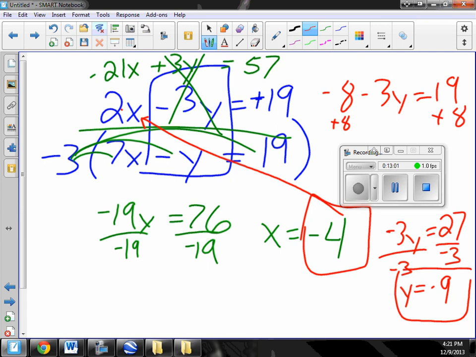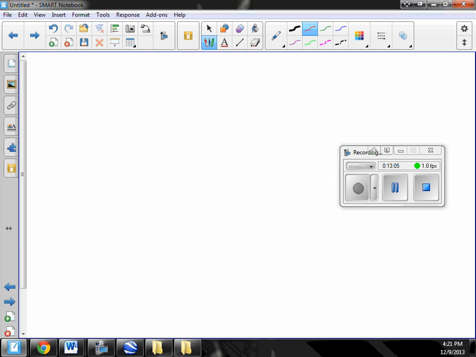So just one more problem, and then you guys can work on your assignment today. What if I had 3x plus 7y equals negative 6? Oops, nope, that's not going to work. Sorry. Let's try a different one.